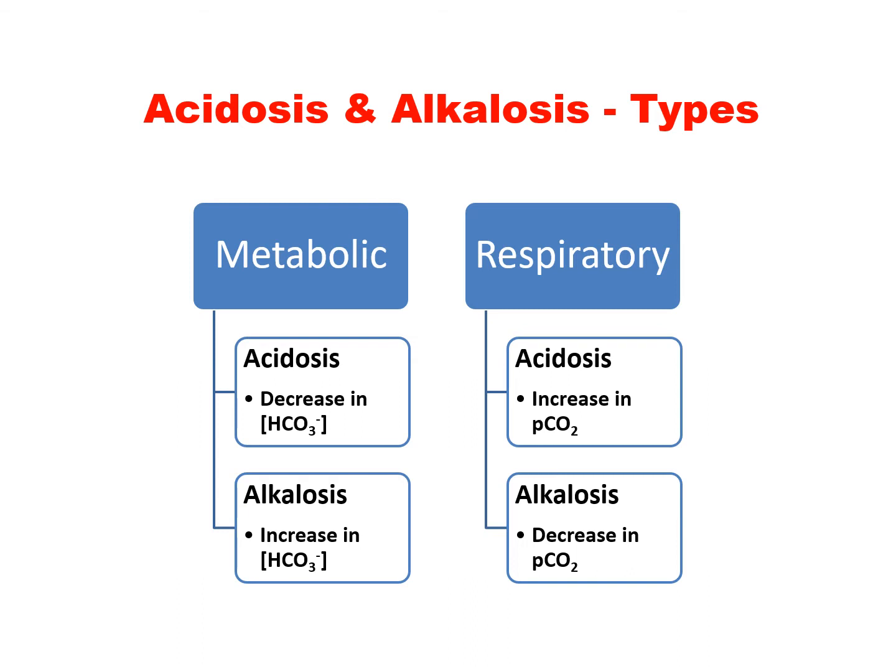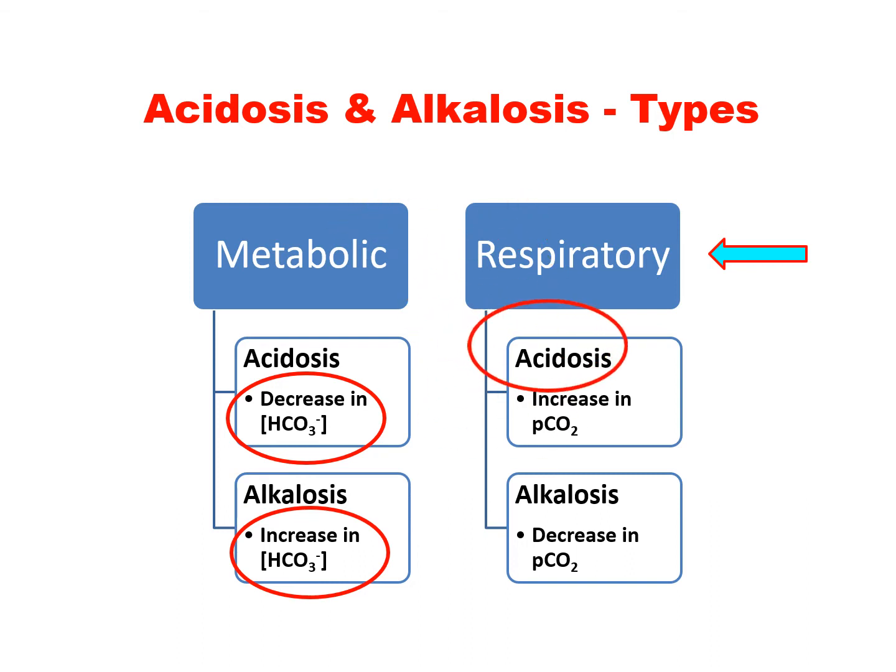Broadly, acidosis and alkalosis both are of two main origins, metabolic and respiratory. Metabolic acidosis is due to decrease in bicarbonate, whereas metabolic alkalosis is due to increase in bicarbonate. Respiratory acidosis is due to increase in partial pressure of carbon dioxide or increase in concentration of carbonic acid, whereas respiratory alkalosis is due to decrease in partial pressure of carbon dioxide or carbonic acid.